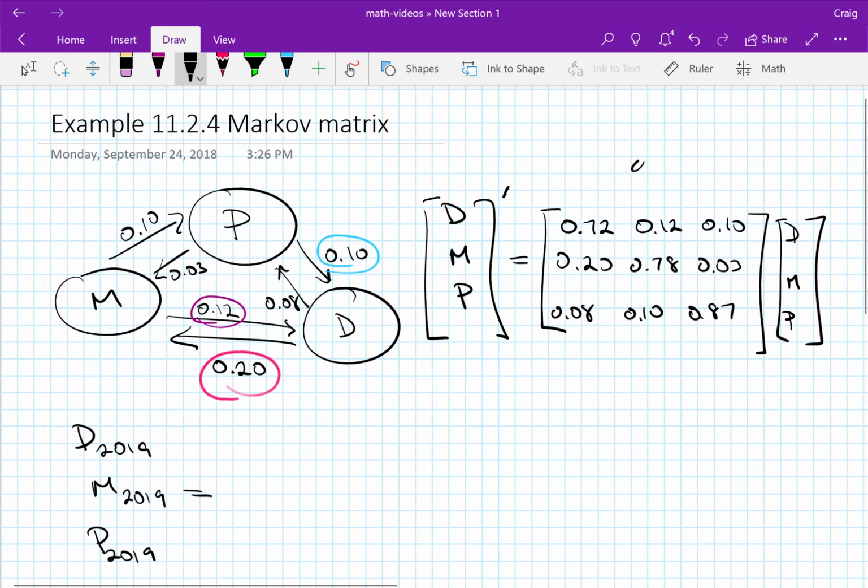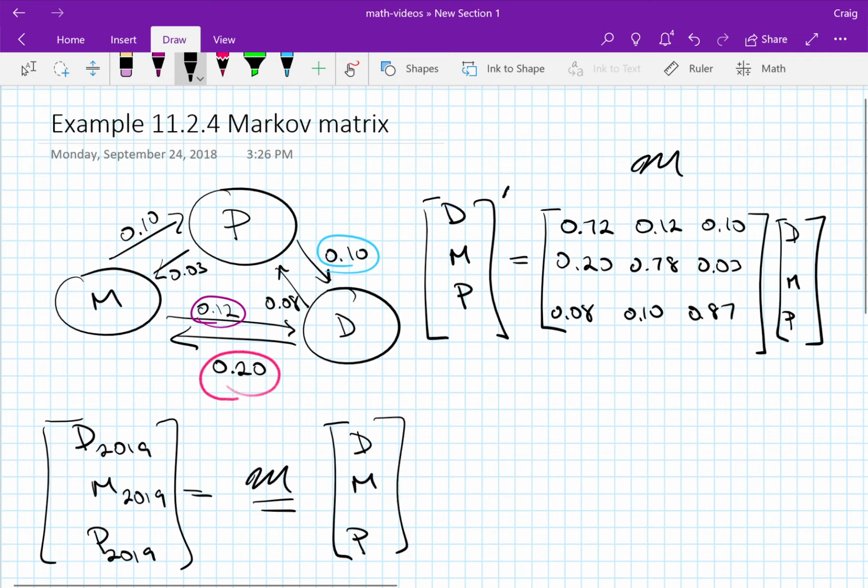Let's call it curly M to distinguish it from Maryland. So this would be curly M acting once on the 2018 populations, D, M, P as evaluated in the year 2018.